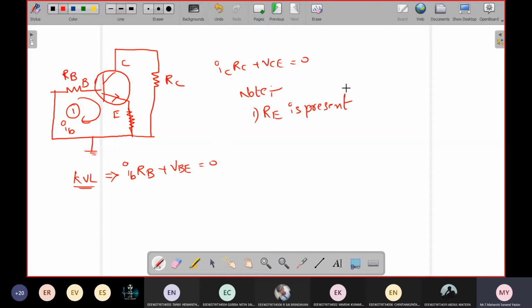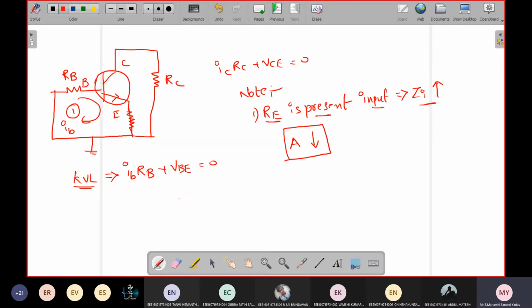Yes or no? Suppose RE is present on the input side, input impedance Zi will increase. And if Zi increases, then obviously voltage gain will reduce. Generally, this is the effect because of RE.